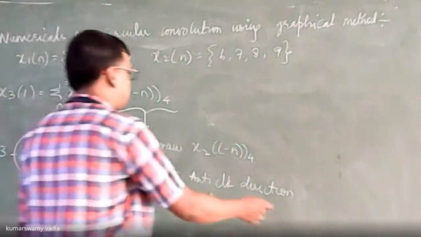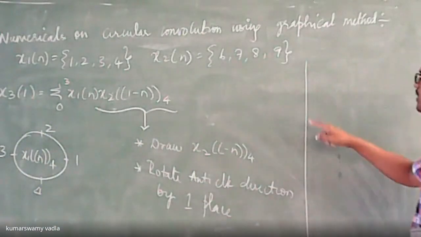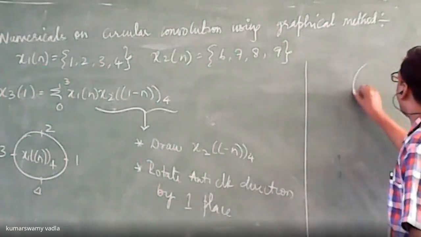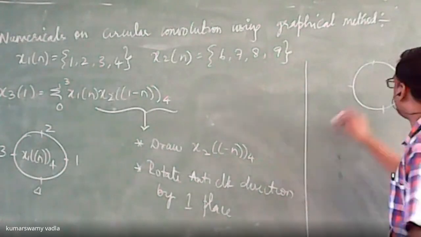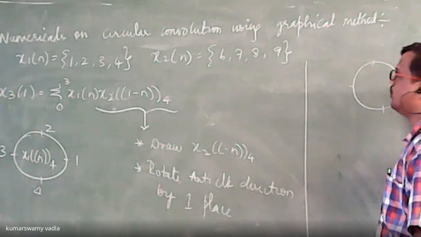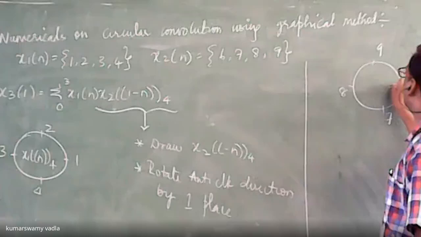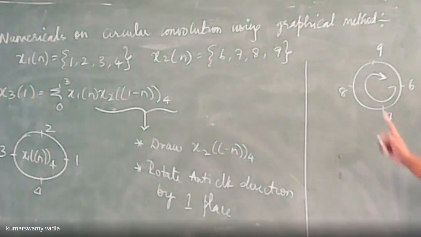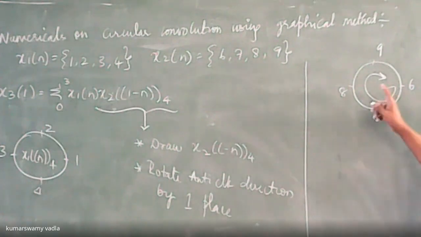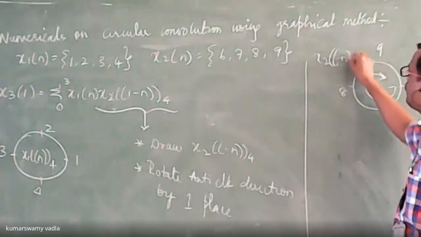Okay, I will draw it here. I will not rub this content. See here. First, draw x2 of minus n modulo 4. So 6, 7, 8, 9 in clockwise direction. Is the point clear here, students? This is x2 of minus n modulo 4.